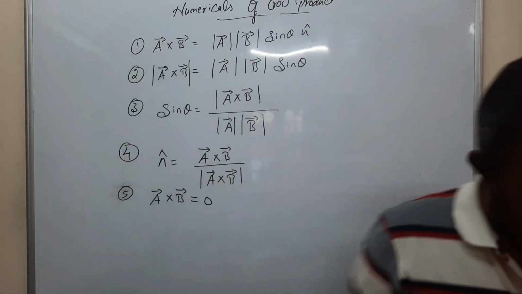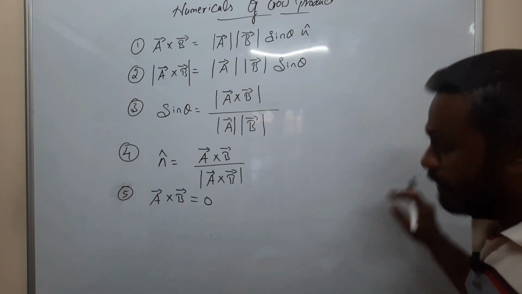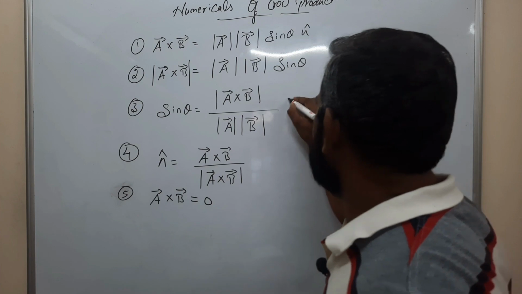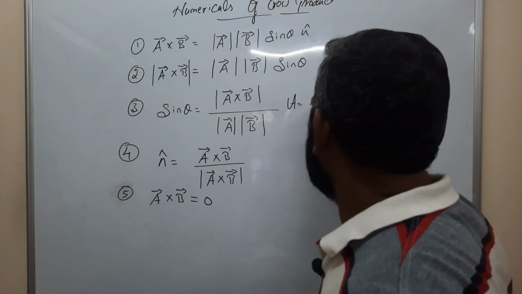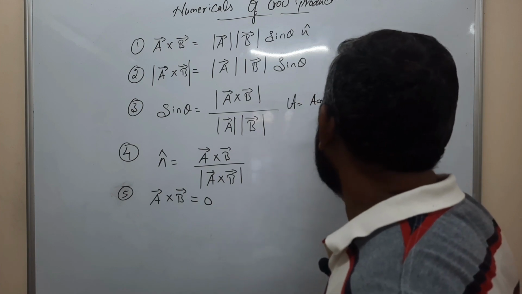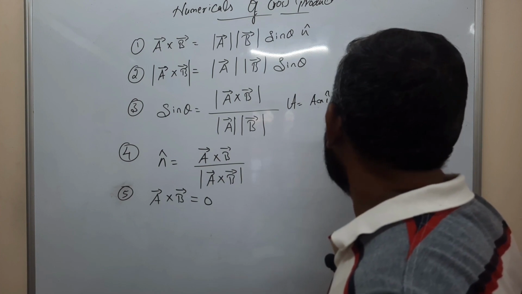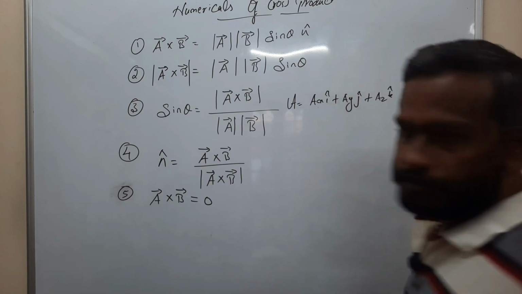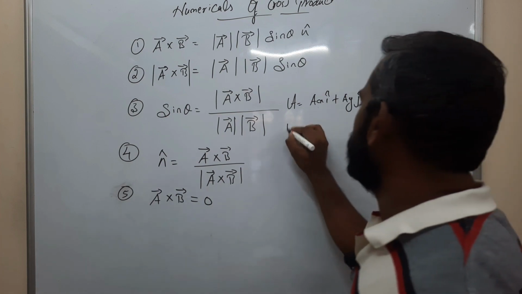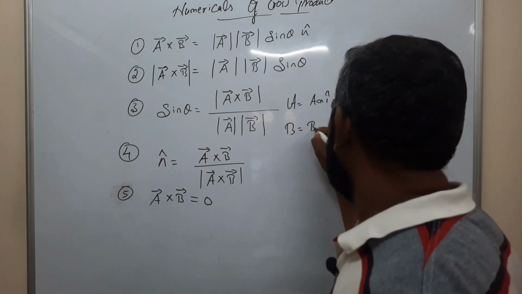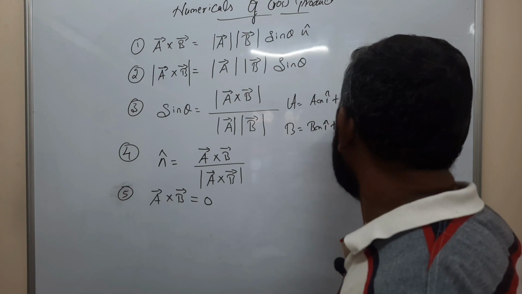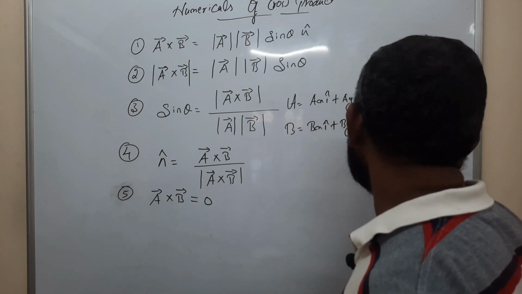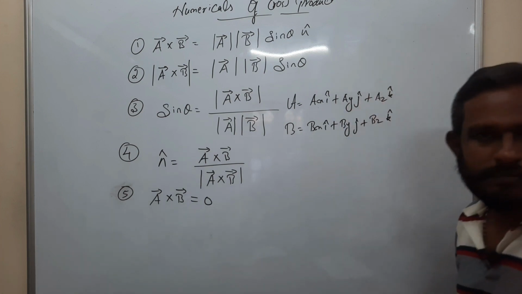The next formula, if the vectors are in rectangular component form, for example A vector is equal to AX I cap plus AY J cap plus AZ K cap, and B vector is equal to BX I cap plus BY J cap plus BZ K cap.